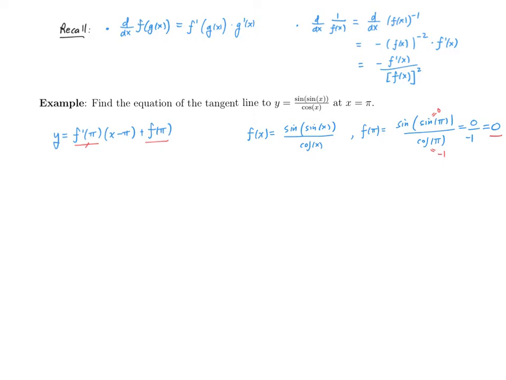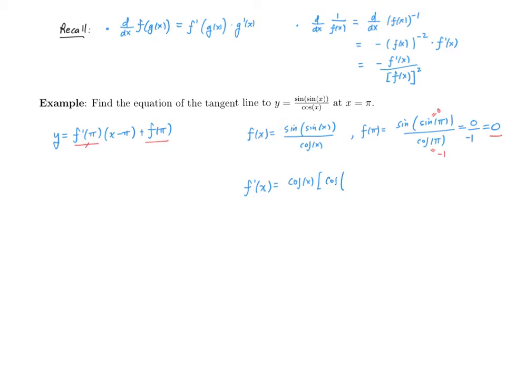The other value that we need in order to have the equation of our tangent line involves a derivative. So we will go ahead and differentiate using the quotient rule. The quotient rule tells us low d high. Now I'm going to just differentiate this function directly. The derivative of the outside function sine is cosine.